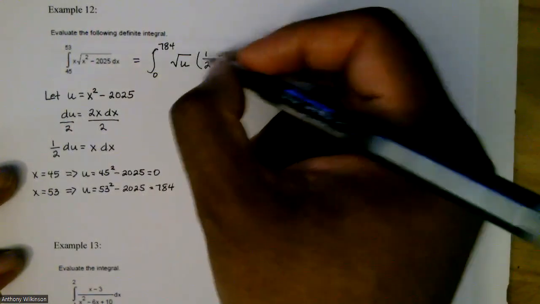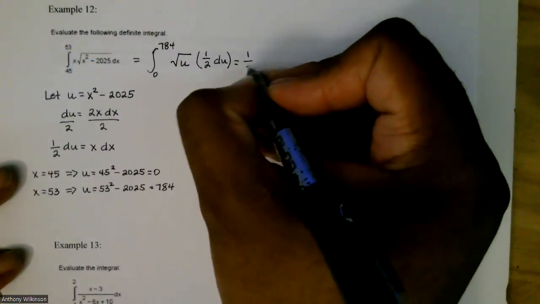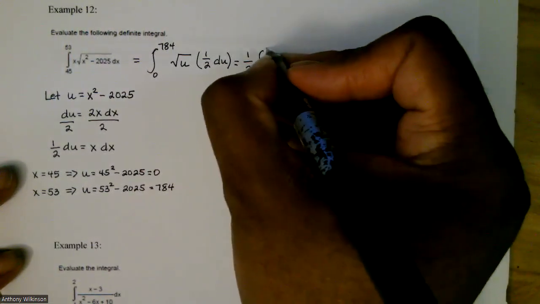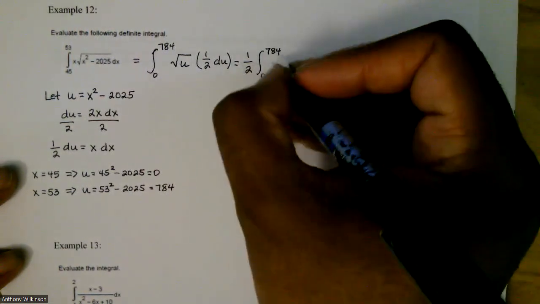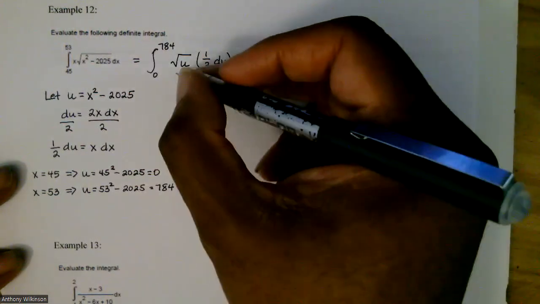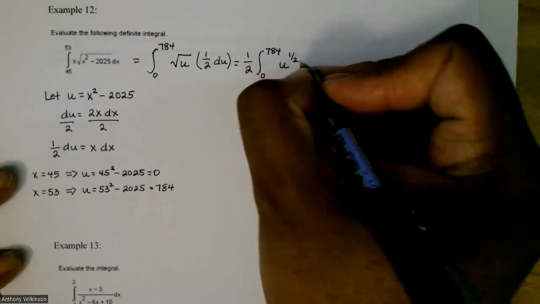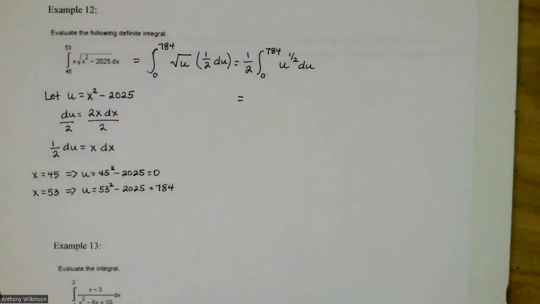So now that 1/2 can go on the outside of the integral. So it'd be 1/2 times the integral from 0 to 784 of, let's change the square root of u to u to the 1/2 power in exponential form, times du.